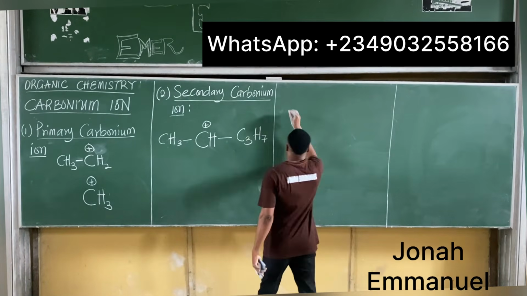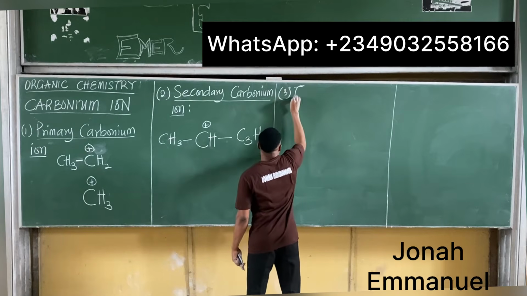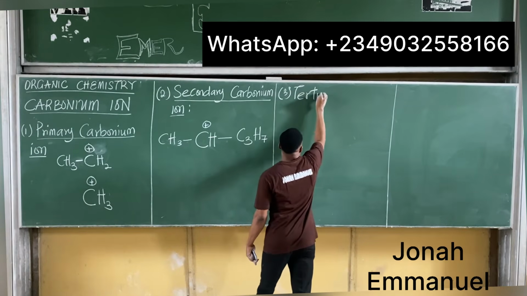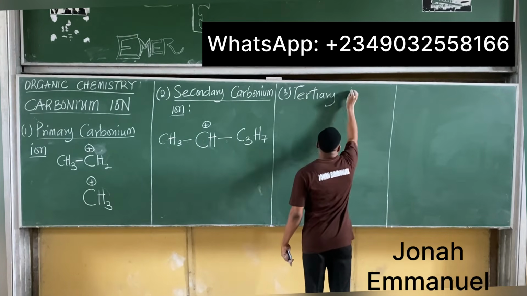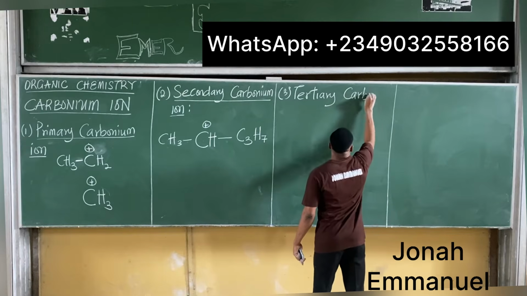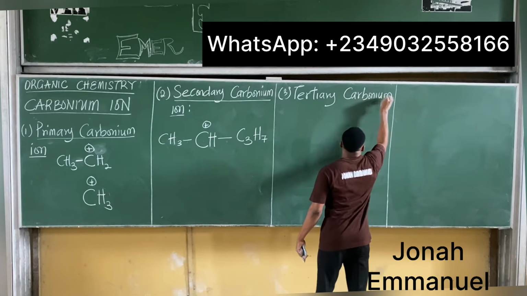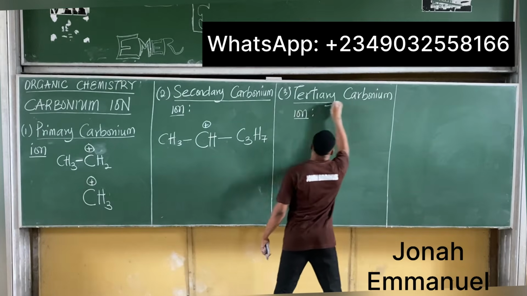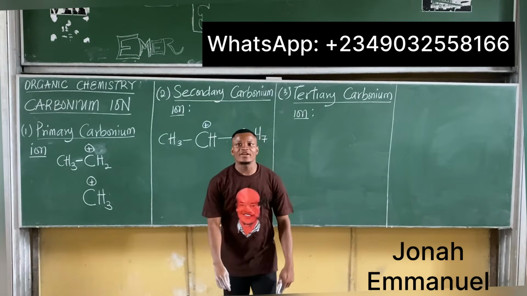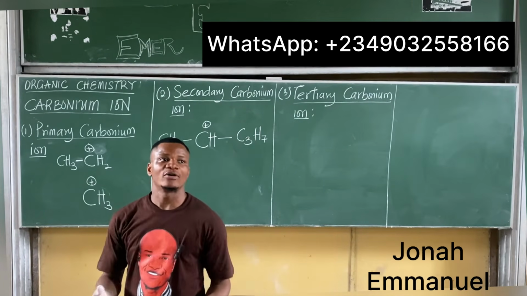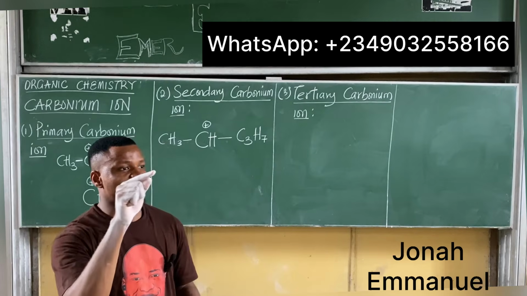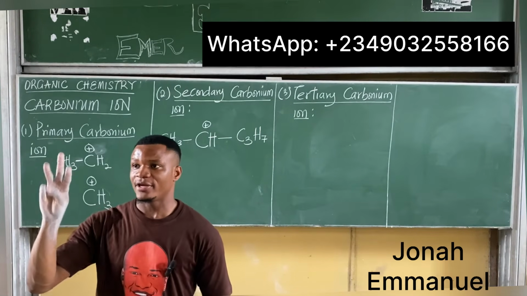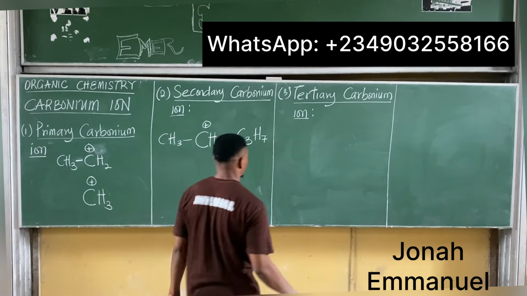So the third one there has to be a tertiary carbonium ion. For a tertiary carbonium ion, the carbon bearing the plus sign is attached to what? Three alkyl groups. So it's as simple as this.